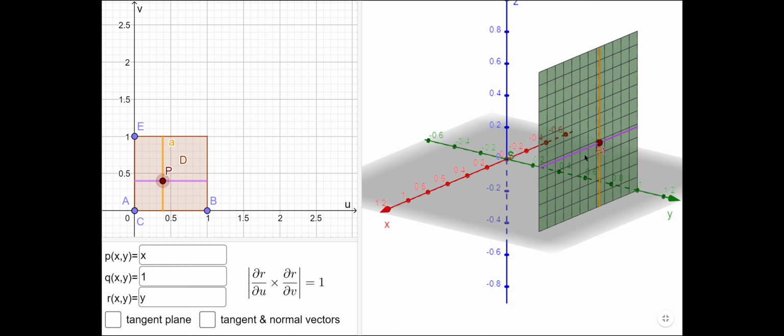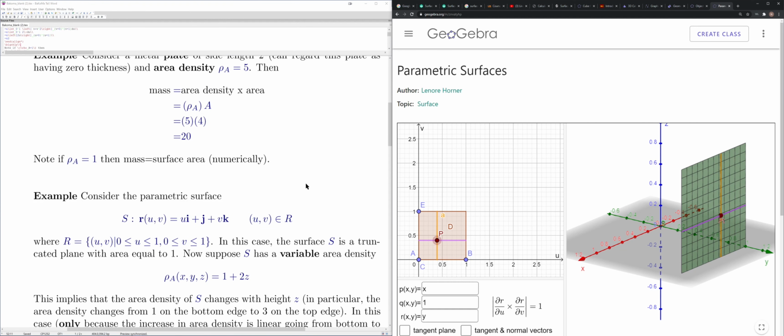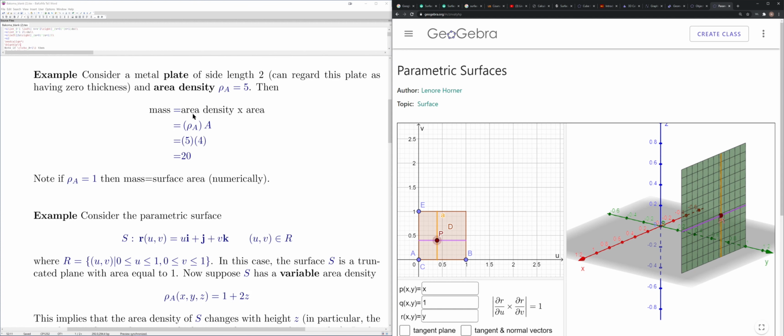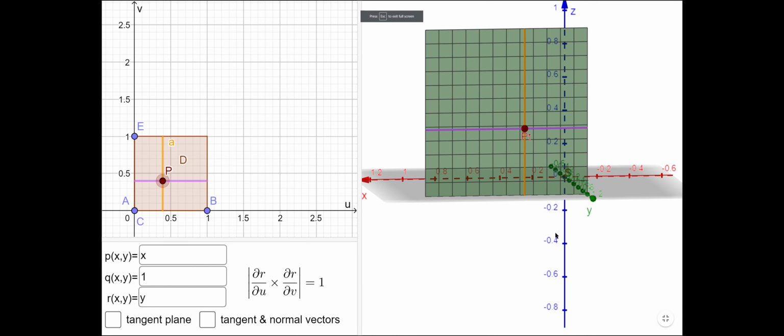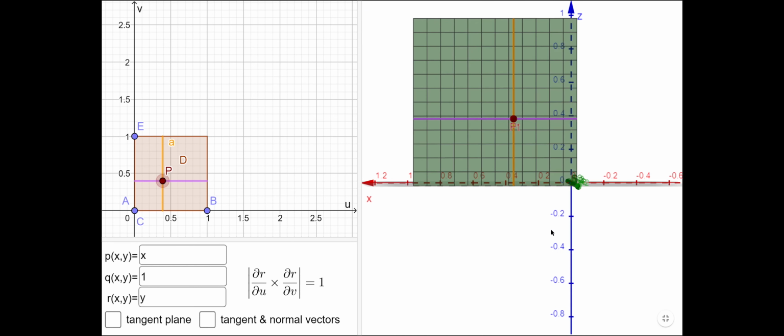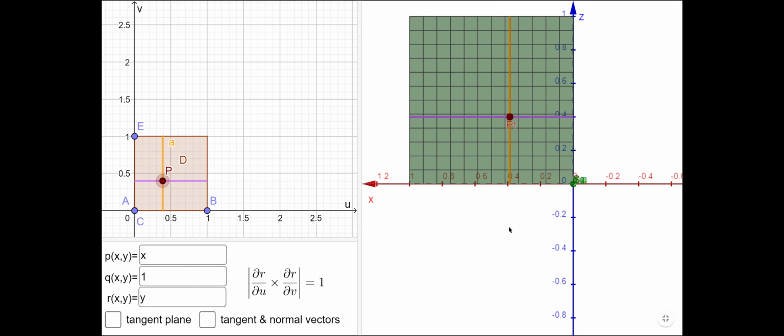Now, if the area density was in fact constant, I could really just use the same formula that I have from over here. All I'd need to do is figure out what the area of this surface is. It isn't necessarily that simple to figure out the area of a surface, but in this case it's not bad because the surface is just a truncated plane. It's a square with side length 1 and side length 1.